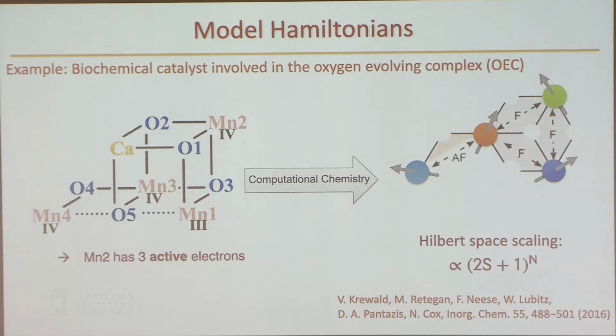What the computational chemists do is build a so-called model Hamiltonian that might look something like that, and it gives the interaction between each one of them and each other, ferromagnetic and anti-ferromagnetic. In general, these high spins give a Hilbert space scaling of (2s+1)^n, where n is the number of spins and s is the spin.